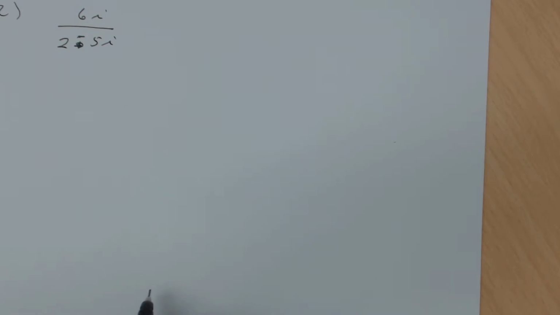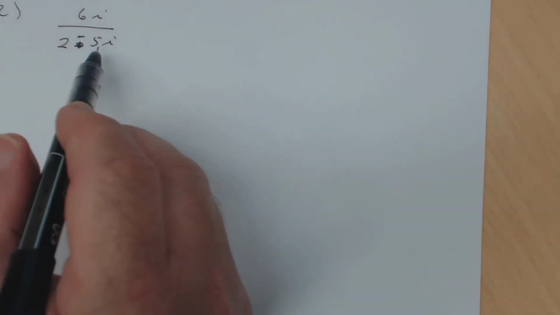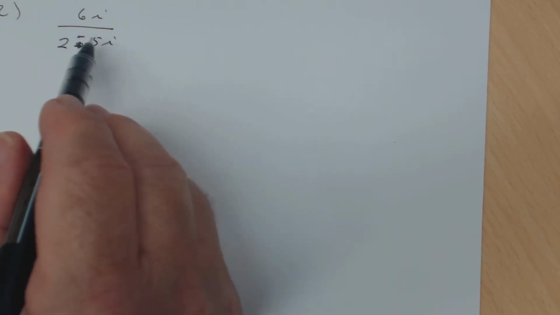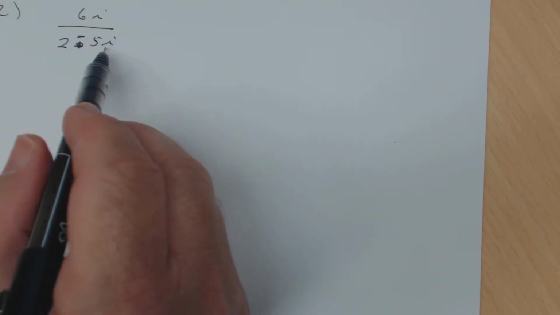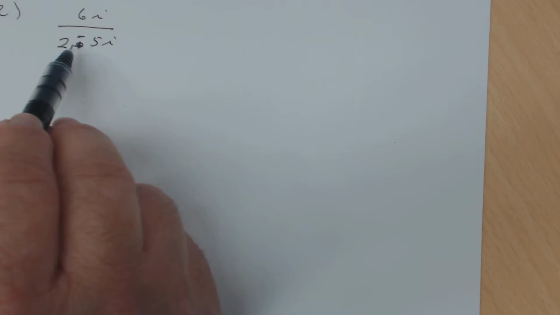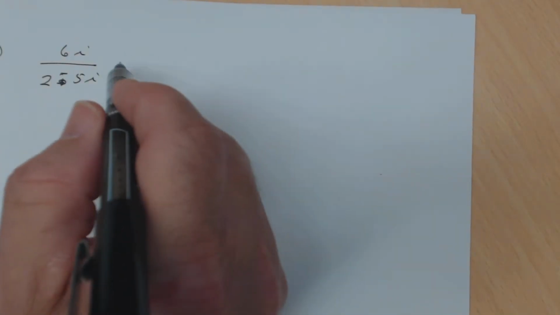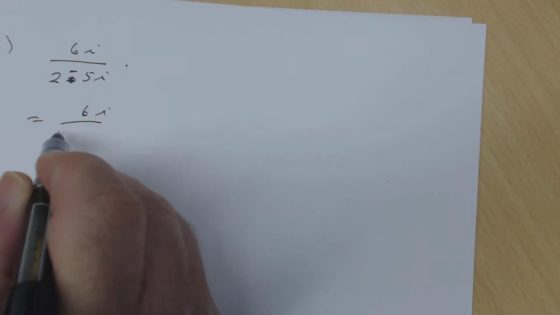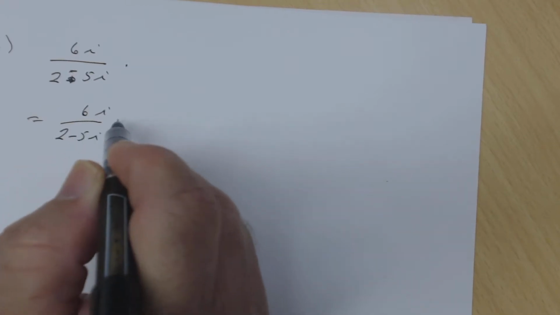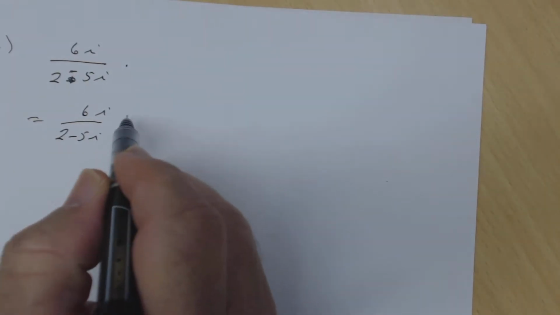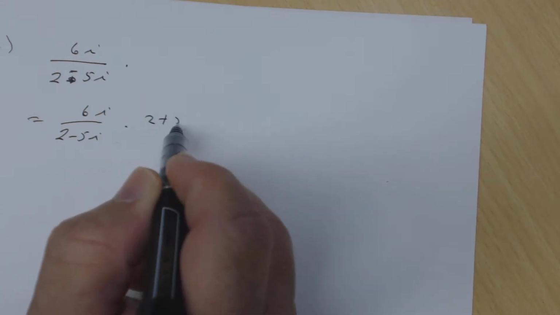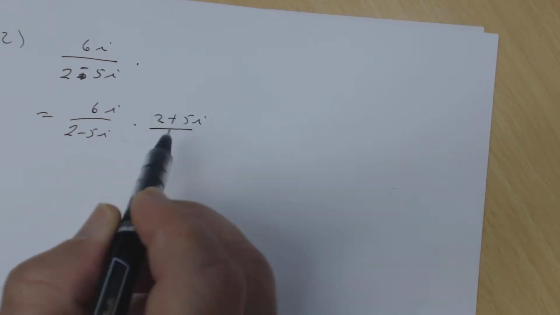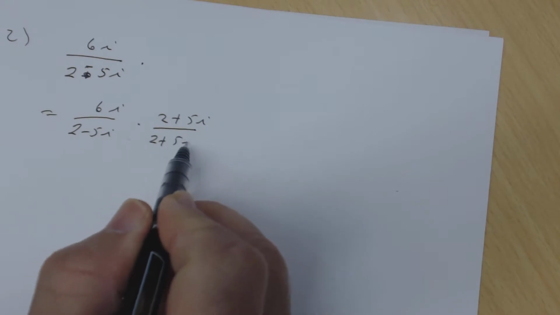Again, I want a real number in the denominator, and I have this imaginary unit. So I have to multiply both the numerator and the denominator by the conjugate of the denominator. The conjugate of 2 minus 5i is 2 plus 5i. What I do to the numerator, I do to the denominator.